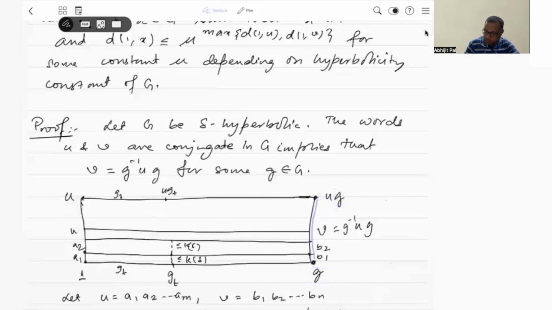It will be exactly equal to g inverse U g, which is nothing but equal to V. So V represents this geodesic joining g and Ug.